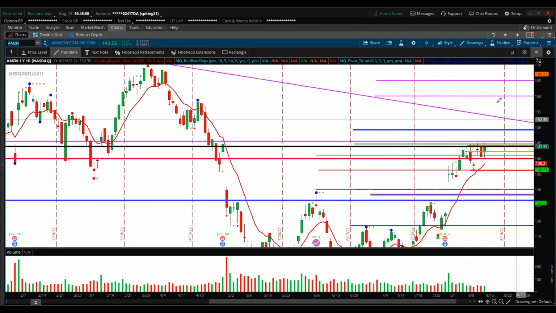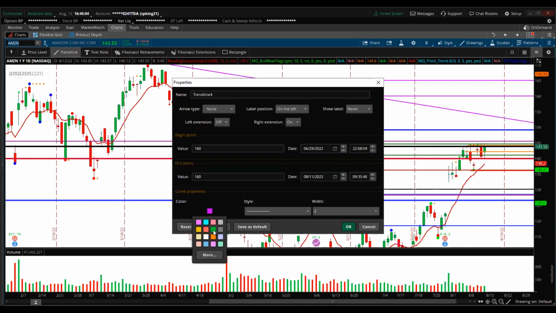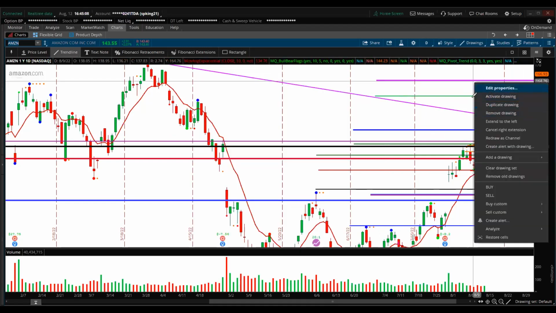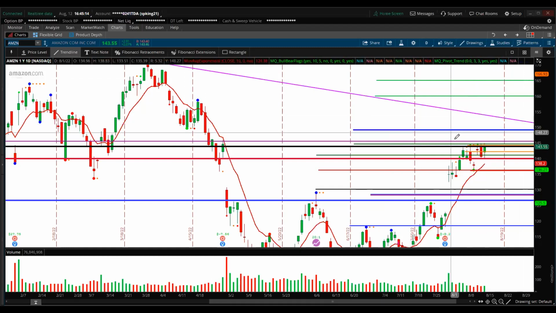Okay, so let me color code these. Okay. So in this example, we are buying the 160, we're selling the 165, right? And this is again 21st October 2022.